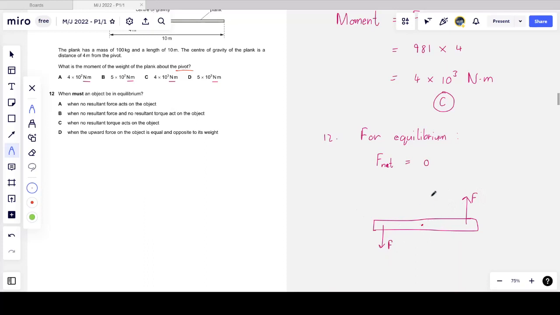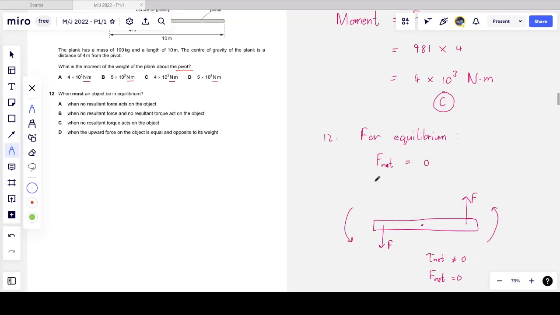What happens is the net force is 0. But is this object in equilibrium? No. There's a torque. There's even an angular acceleration. And so here we have that the net torque is not 0, even though the net force is 0. So this plank is not in equilibrium.